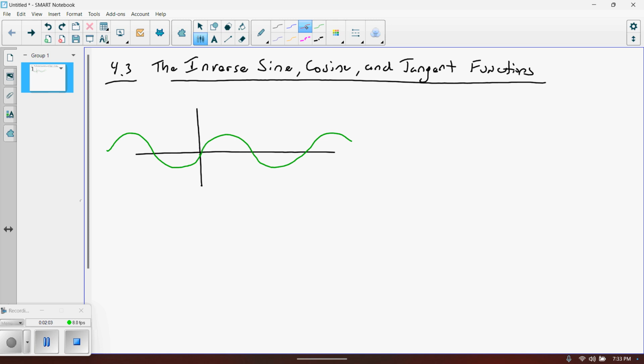It's become pretty commonplace that mathematicians have agreed that we're going to include the first quadrant with every inverse trig function. So the first quadrant would, of course, be 0 to pi halves if you're thinking about this in terms of a unit circle, or here, 0 to pi halves would be this space right there.